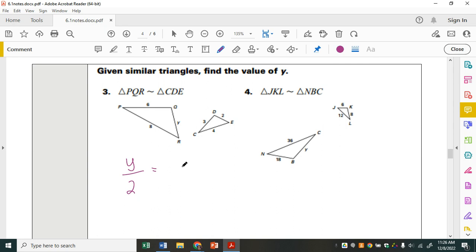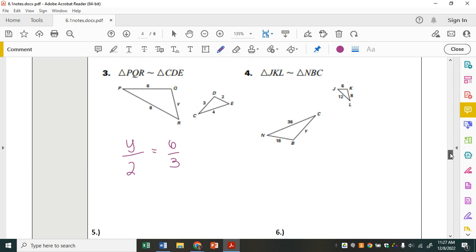When I set that equal to my other proportion, I can use whatever I need to. We can use PQ compared to CD, so 6 over 3, or we can use PR compared to CE, which is 8 over 4. Either one will give us the same answer because remember, they follow the same scale factor. Okay, so go ahead and pause the video, try numbers 3 through 8.